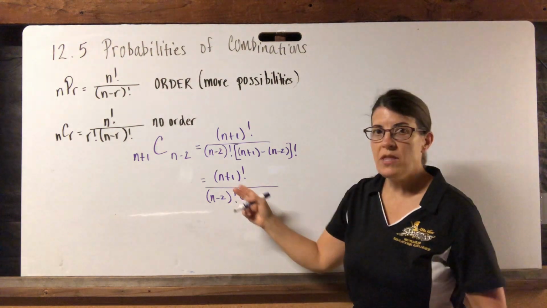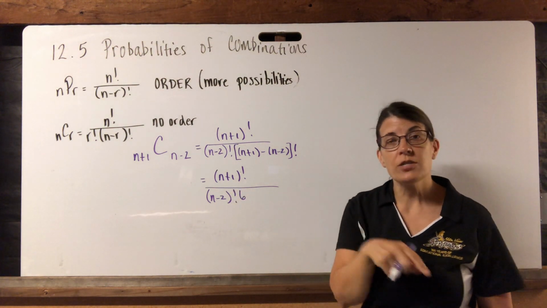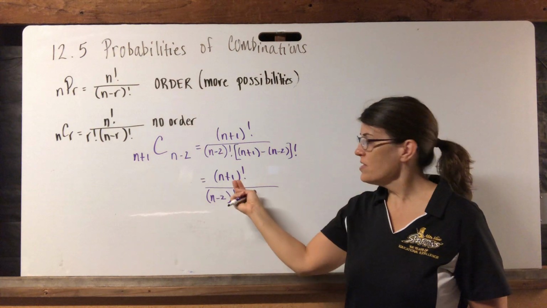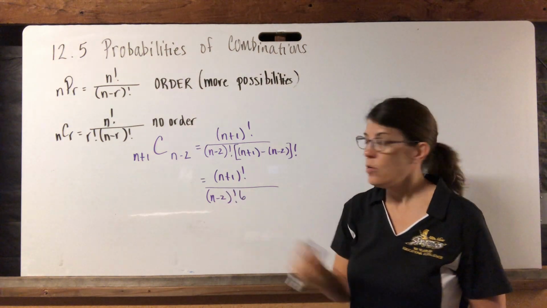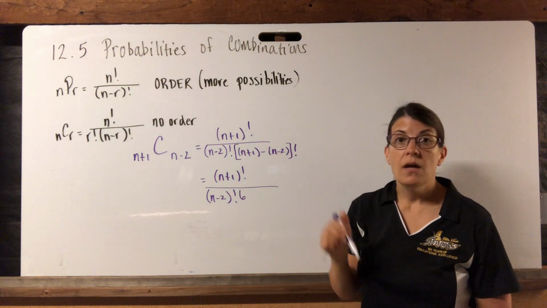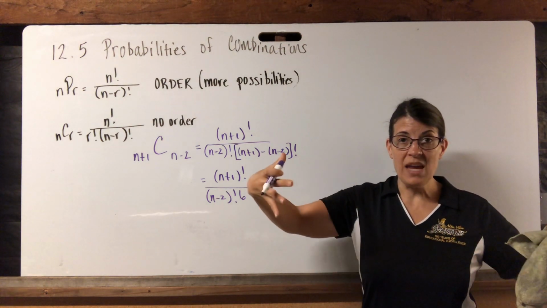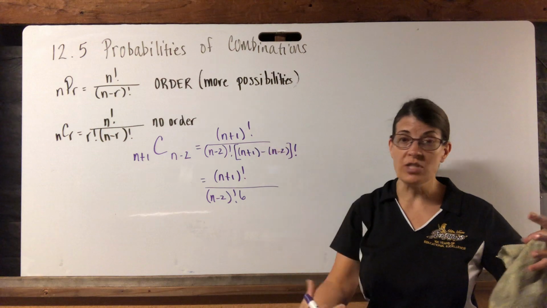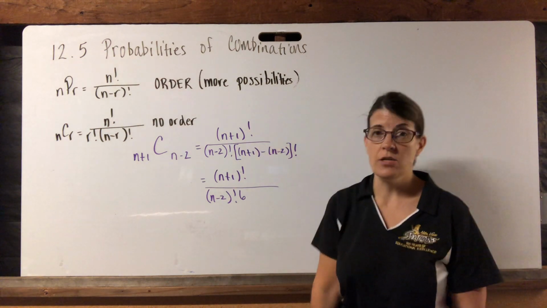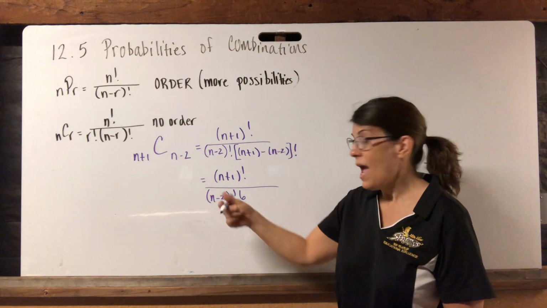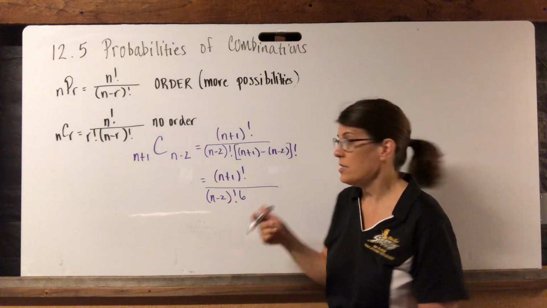So, which one of these is larger? If you watched 2 videos ago, which one's larger, N plus 1 or N minus 2? N plus 1 is larger. So I'm going to take N plus 1 and I'm going to expand it out, and then hopefully I'll be able to reduce it with the N minus 2 factorial. Always start with the larger. Adding 1 is larger than subtracting 2.